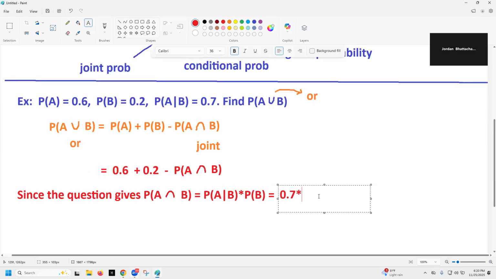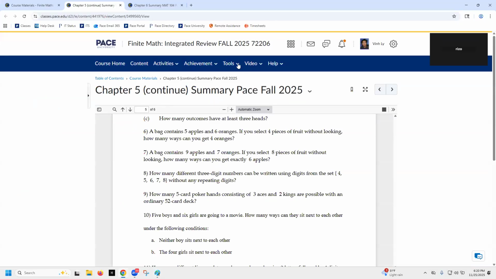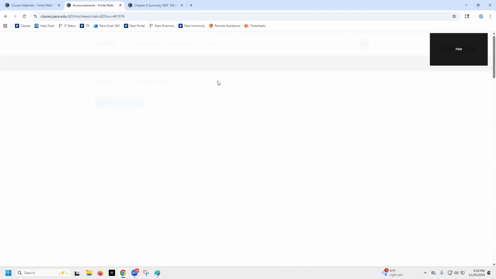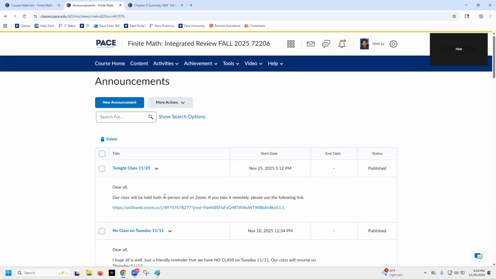Wait, I had a question. This was the Zoom one, right? We can do Zoom or in person. That's up to you. Done Zoom. Where'd you send the Zoom link? Yeah, I didn't see that. I sent it on the announcements. Oh, I checked, really? Mine doesn't show anything. Yeah, it said 11/11 was the last one. Said for me too. That's the one I emailed you about.